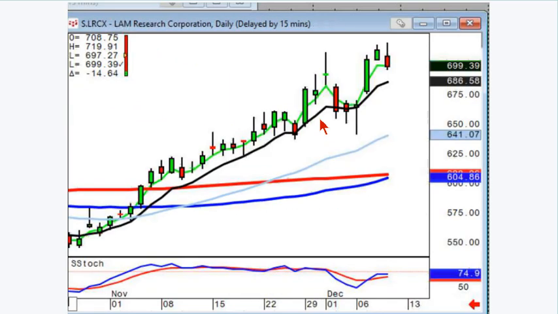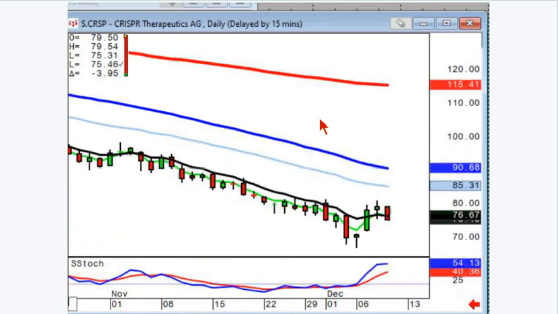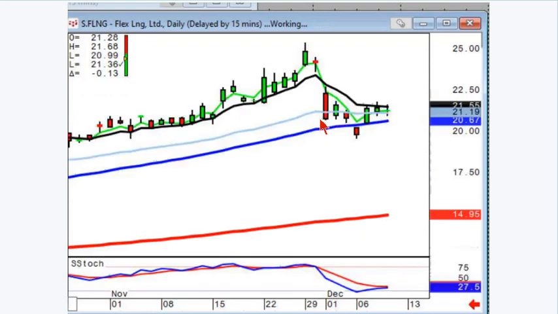Trying to find a bullish flutter kicker signal. Nothing there. Nothing there. All right. No, that's a kicker signal.